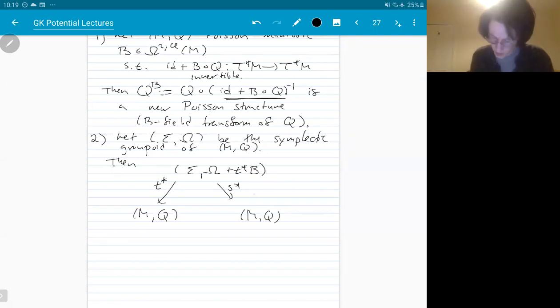Now this map here remains a Poisson map, but for this map here you need to modify the target. It goes to Q_B. So this gives a Morita equivalence.